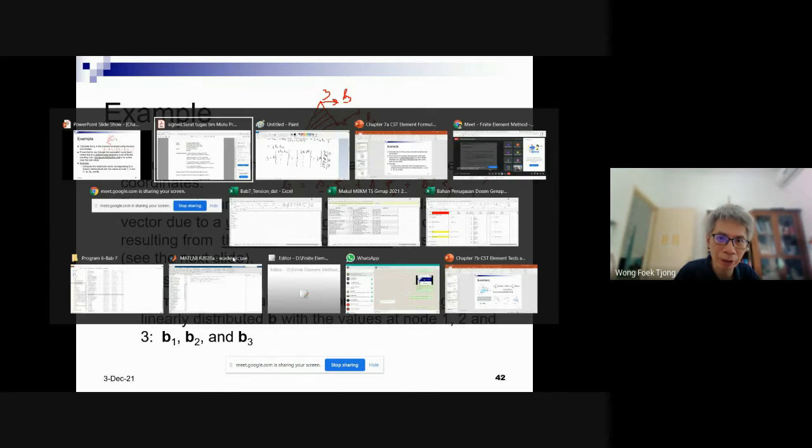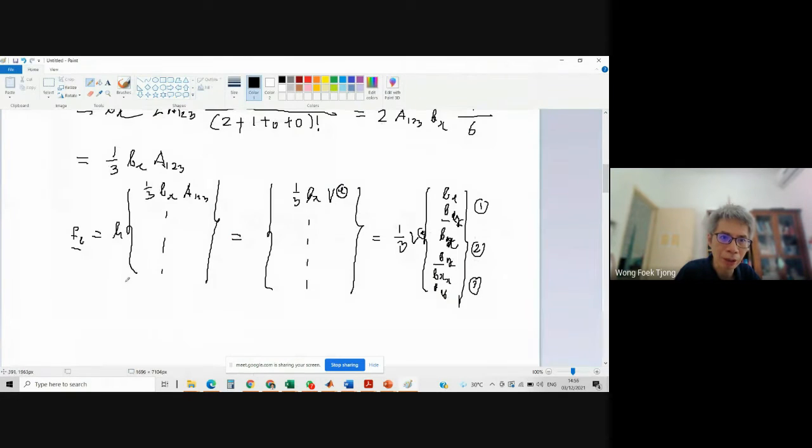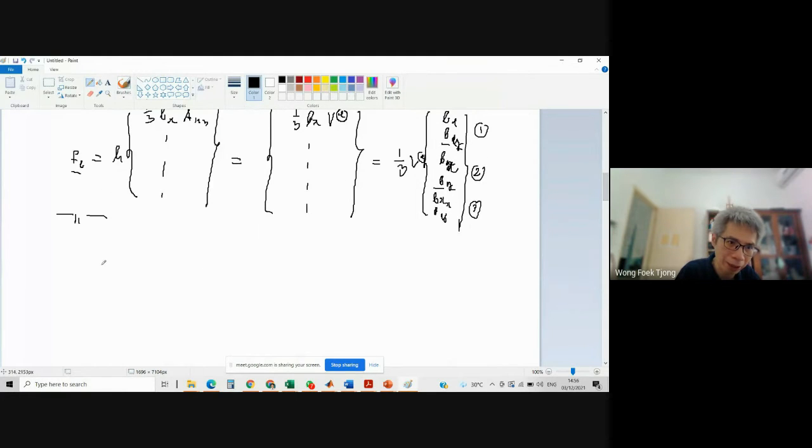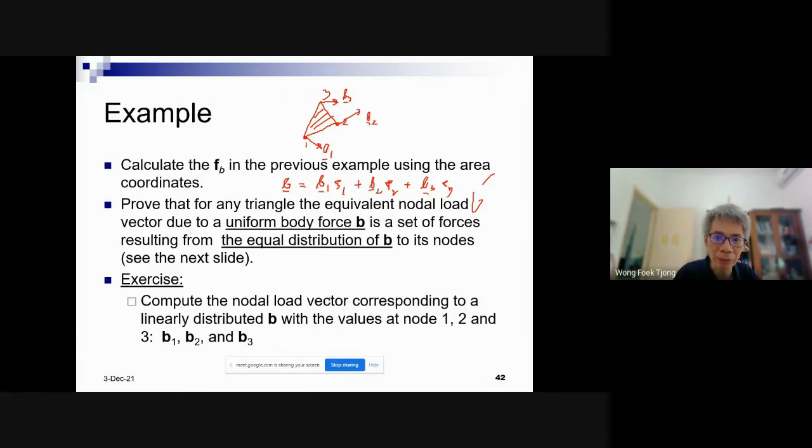In other words, the difference with the previous problem is that now the body force is no longer a constant, but a function of the natural coordinates. We can calculate similarly, okay? And the details of the computation for this one I provided in the text of my book, okay? Any questions so far regarding this one?